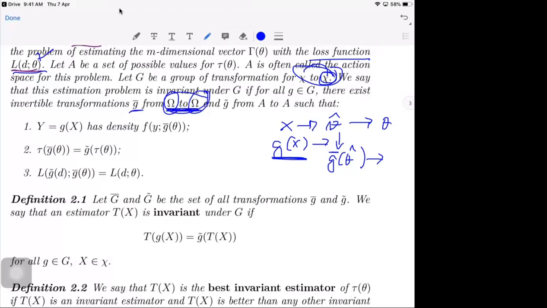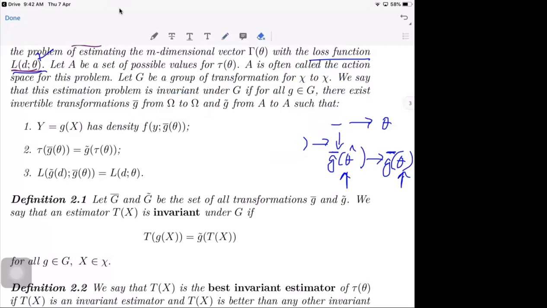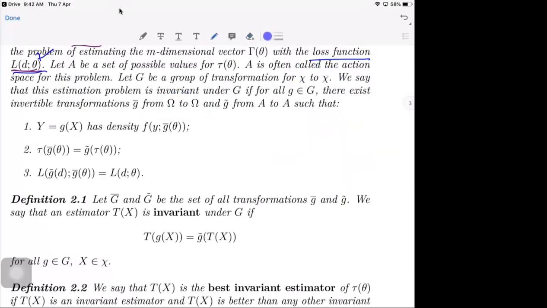So there is no loss of information, and you can get all information about the parameter theta from the transformation on theta. This is what this invariance is telling us, no? So it is invertible, so you can retrieve it back as if you are just studying the original data set.